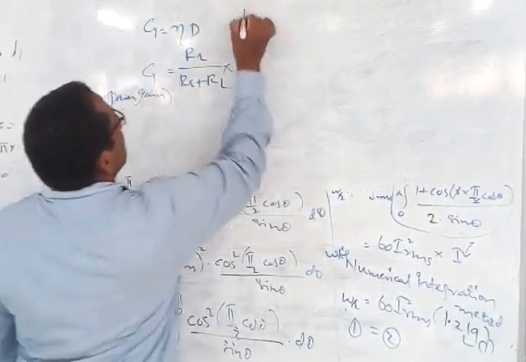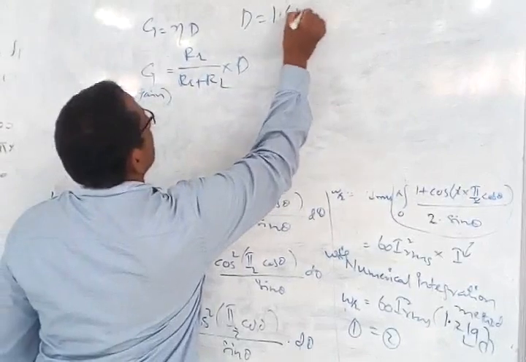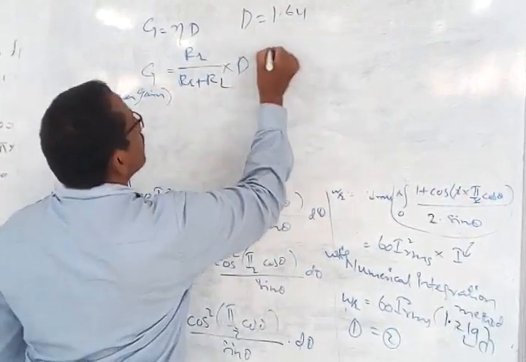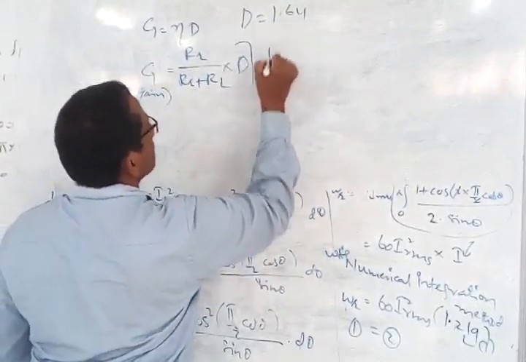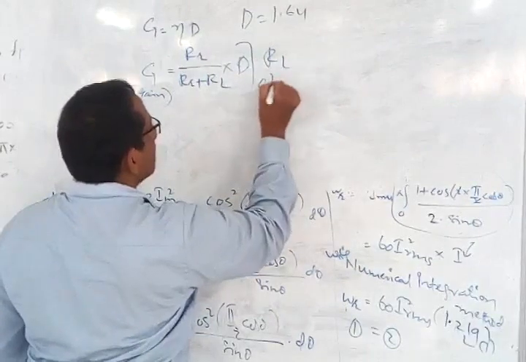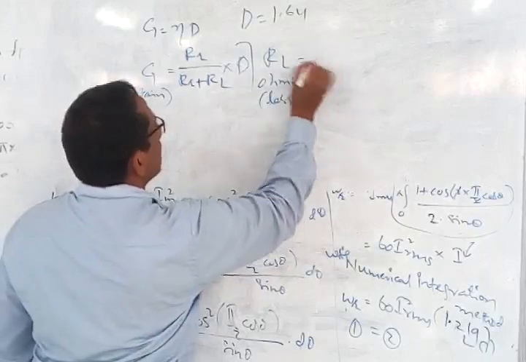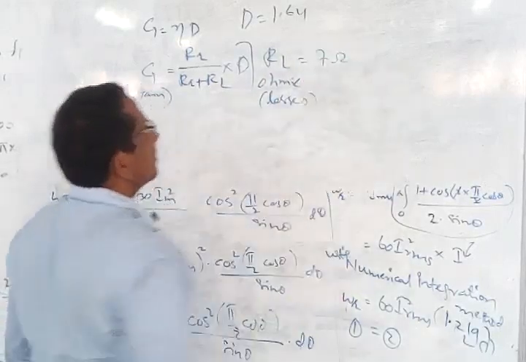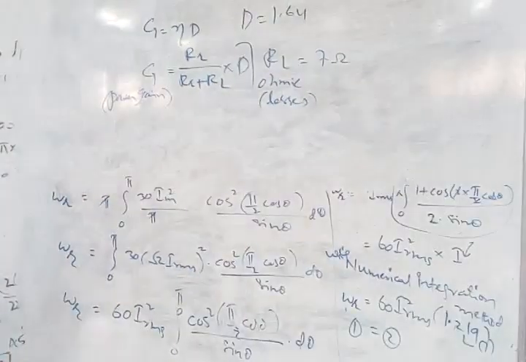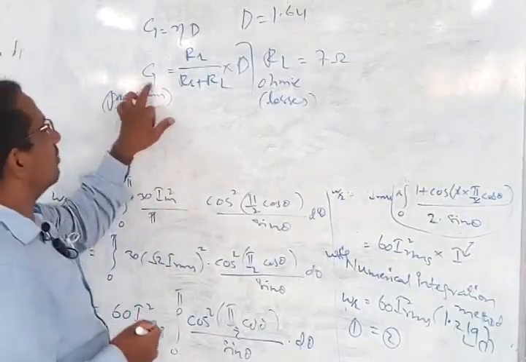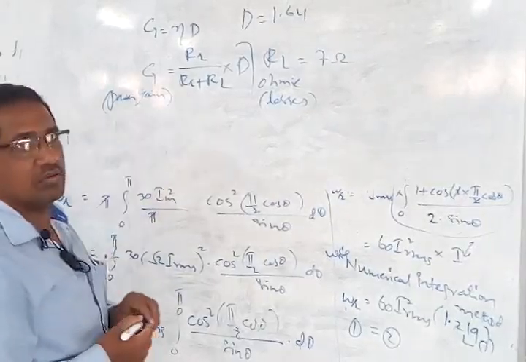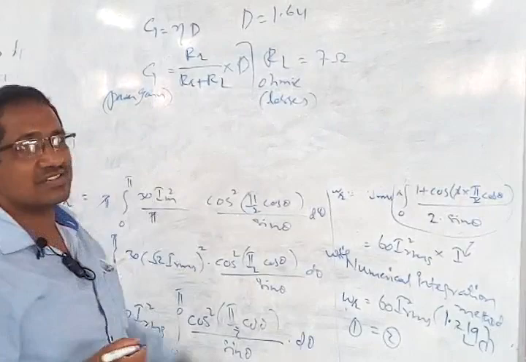What is given now? D is given. 1.64 is given. Next one is ohmic losses has been given. So RL is nothing but ohmic losses. It is given as equal to 7 ohms. Now what is unknown here? We have to find out G. What is unknown? RR is unknown. What is RR? Radiation resistance of an antenna.